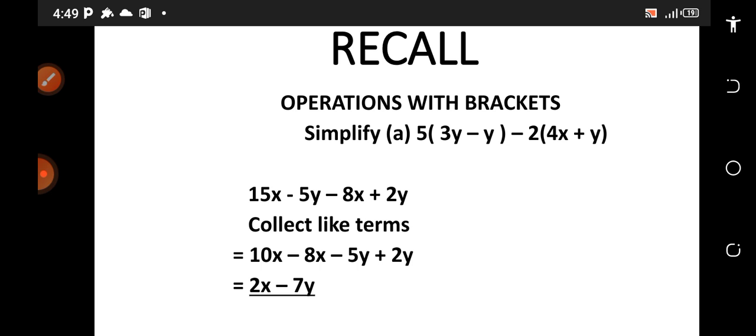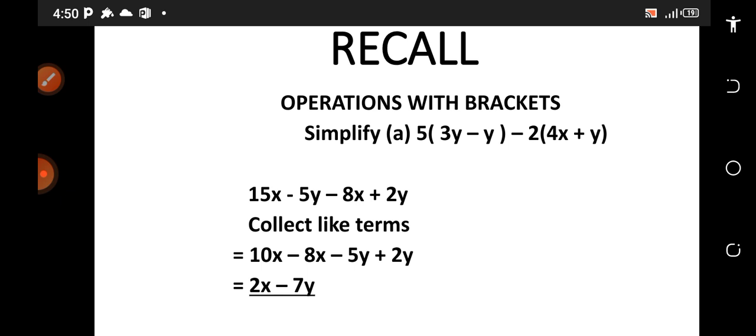For example, let's simplify 5(3y minus y) minus 2(4x plus y). First of all, let us remove the brackets. We say 5 times 3y gives us 15y, minus 5 times y gives us 5y.